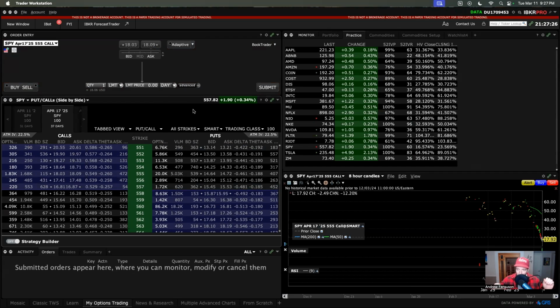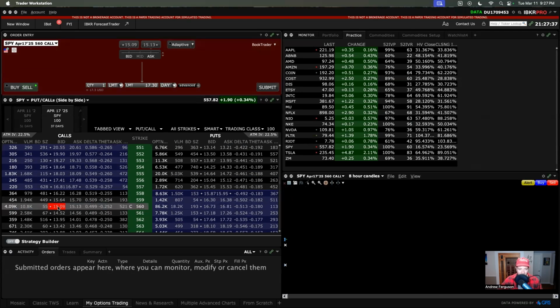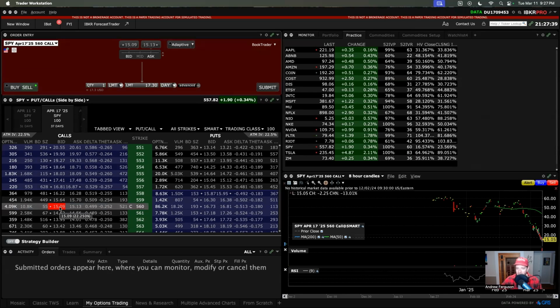If we want to sell call options, be on the other side of things, we can stay on the call side, keep the same expiration date. Let's go down now to the 560 strike price and be call option sellers here. So it's highlighted in red. And we're going to have an option there to sell and get paid 15.11 or 1511, which roughly is about 1500 bucks in profit to sell this 560 call option.